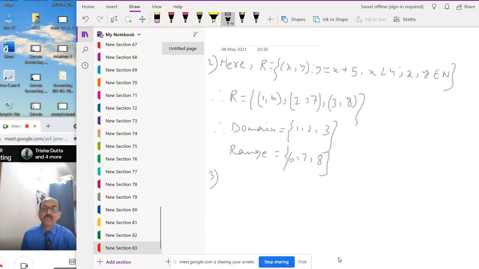This is the condition. And x belongs to A, the first set, and y belongs to B, the second set. Write R in roster form.